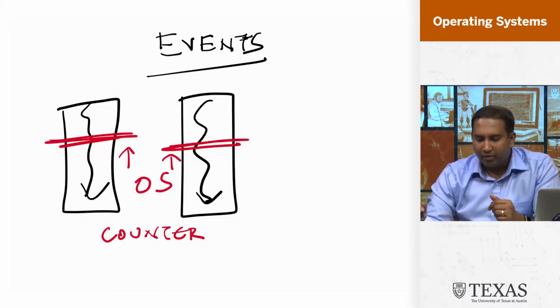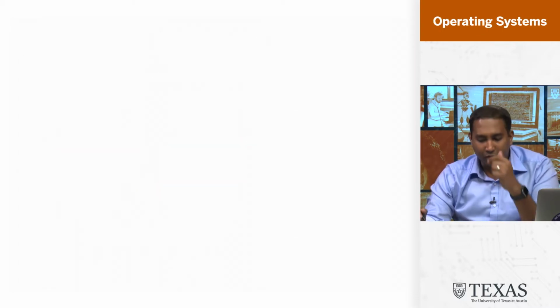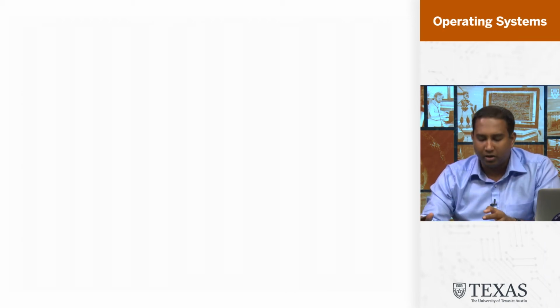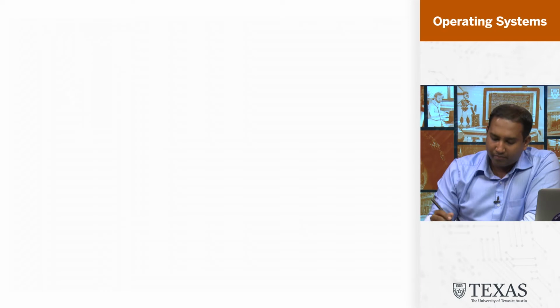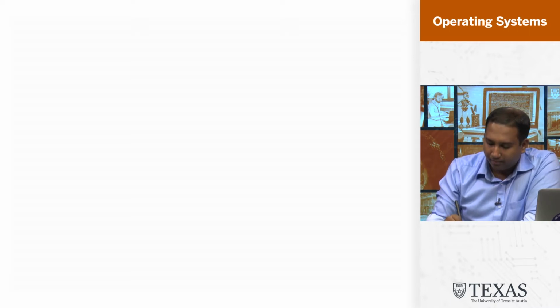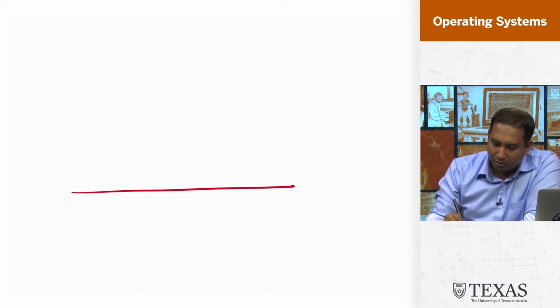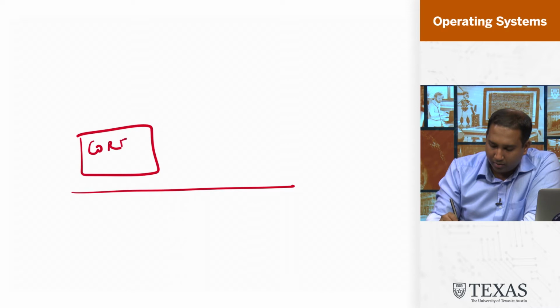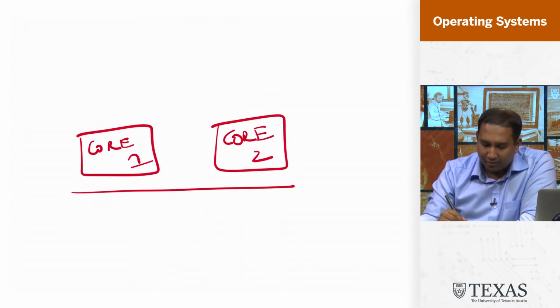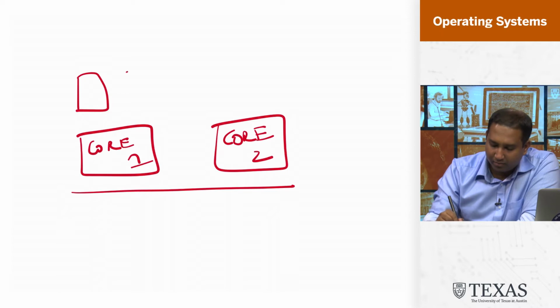Before we head into events, let me quickly give you a recap of the different hardware pieces that we're going to be talking about. Let's say this is the whole computer, and on modern processors you have multiple cores. This is core 1, this is core 2, and so on. Inside each core, you may have different processors.